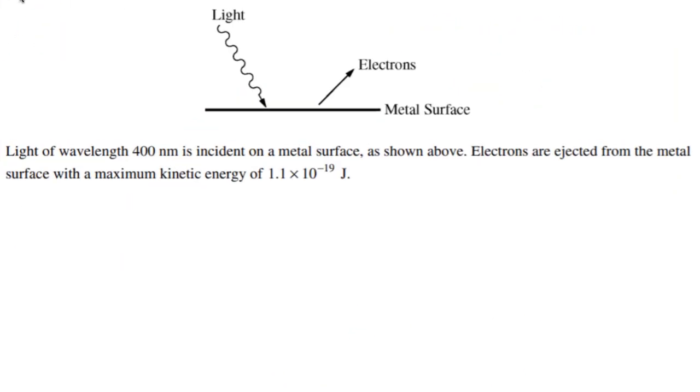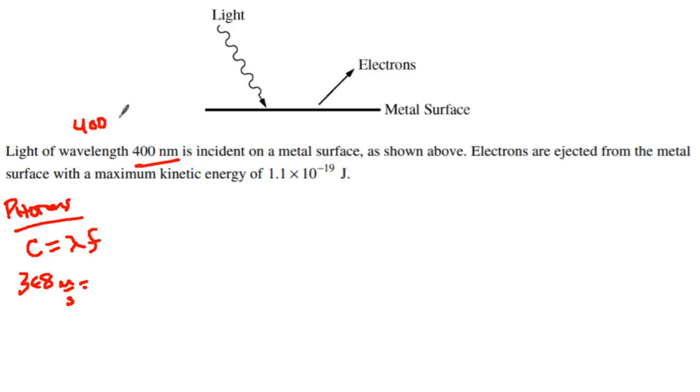So here I have a photoelectric effect problem. I'm going to do my photons, which means speed of light equals wavelength times frequency. 3 times 10 to the 8th meters per second equals the wavelength. The wavelength is 400 nanometers, or 400 times 10 to the negative 9th meters. So we change nanometers into meters because we need to be in SI units.